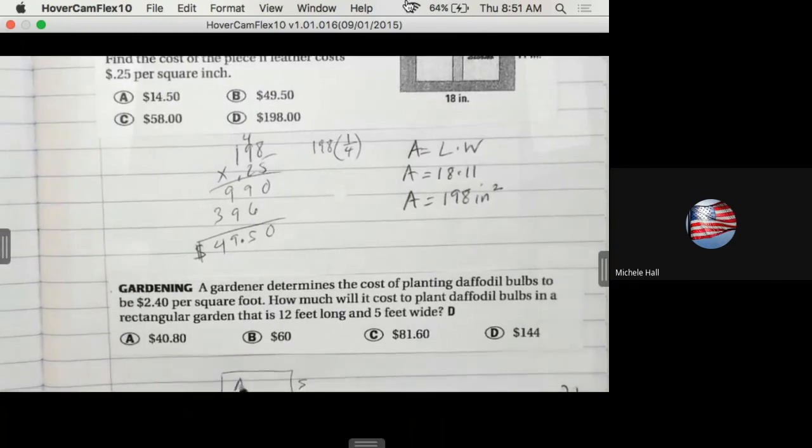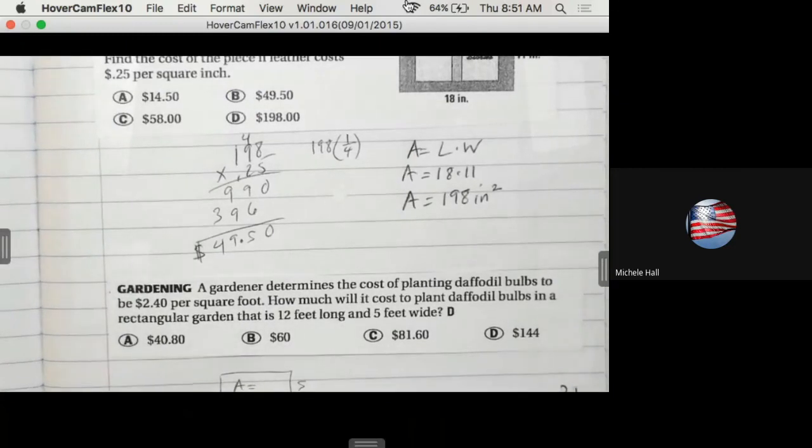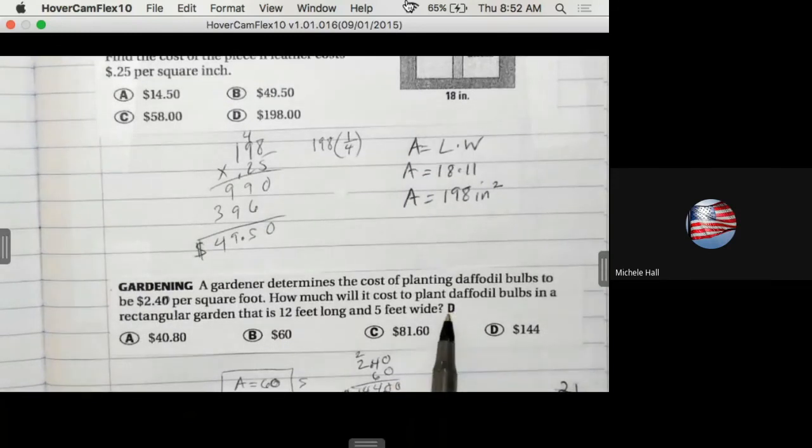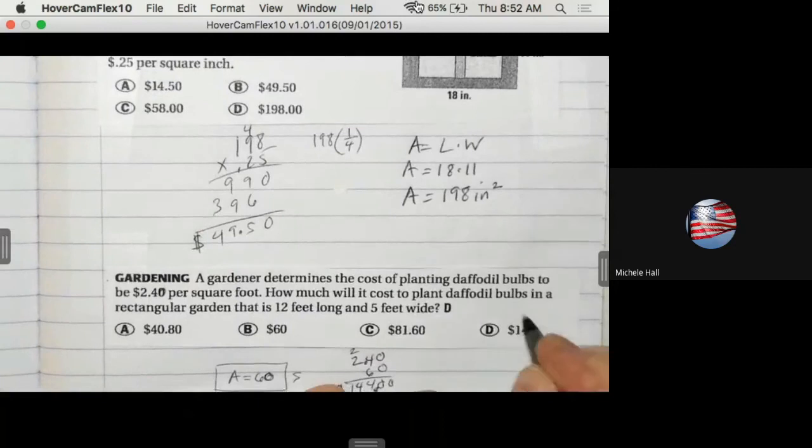So the area of that garden would be what? 60. So I know that so far. And so 60 times 2.40? 240. So that would be $144, which is D. I gotta remember to wipe that out next time. $144.